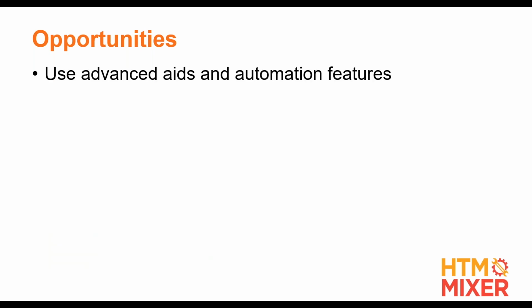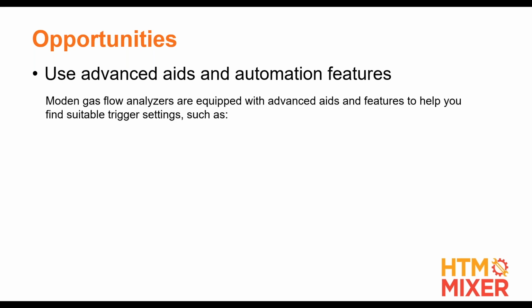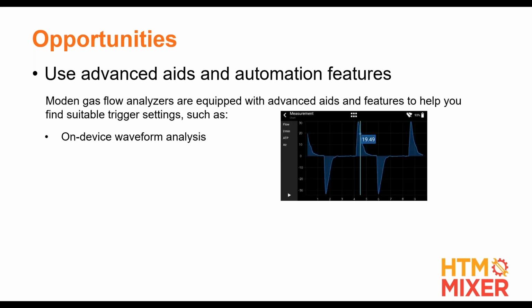Okay. Another opportunity is to use these advanced aids that we have now with some of these analyzers. A lot of them are equipped with things like on-screen waveforms. So if I'm having a trouble setting my trigger, I can actually see what the waveform is.